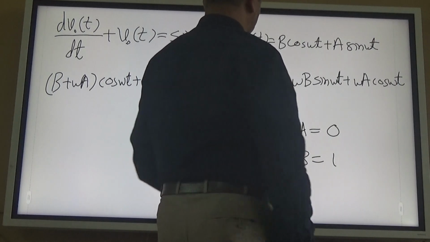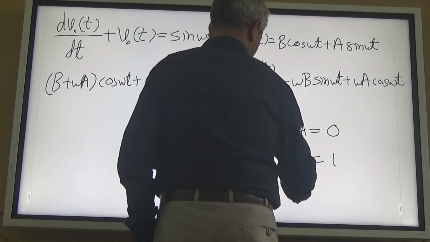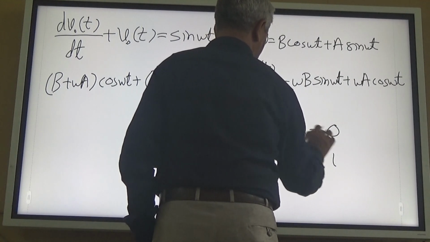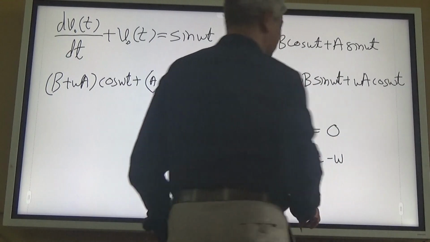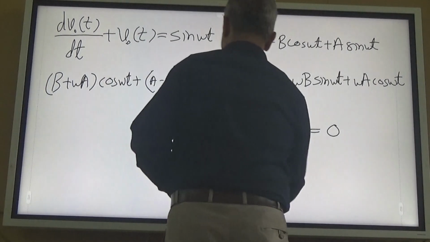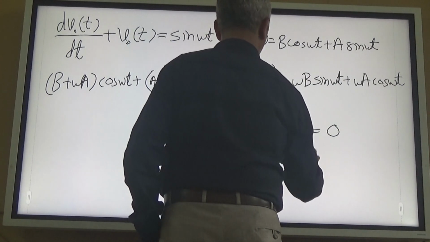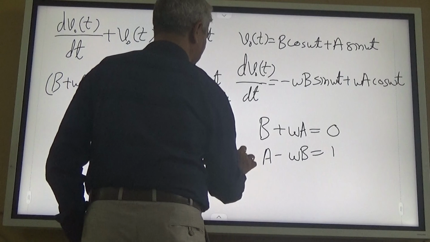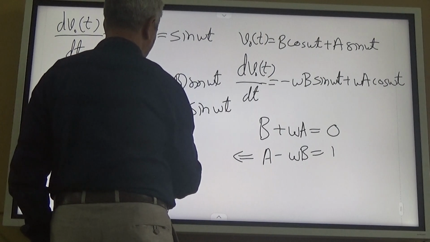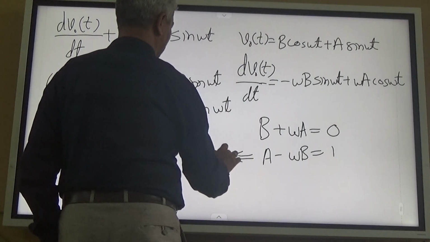Multiplying the second equation, A minus omega B equal to 1, I will multiply with minus omega. So what do I get? Minus omega A plus omega square B equal to minus omega.